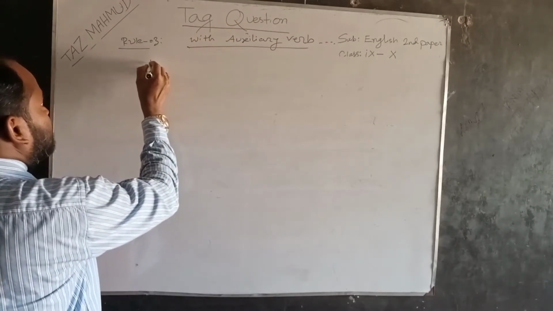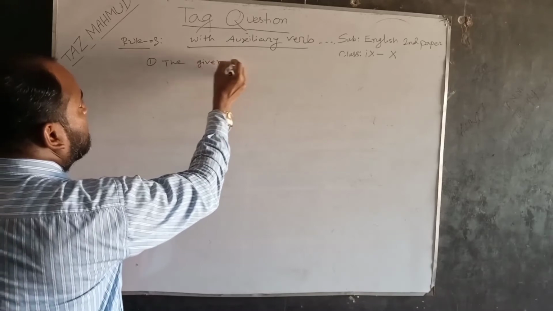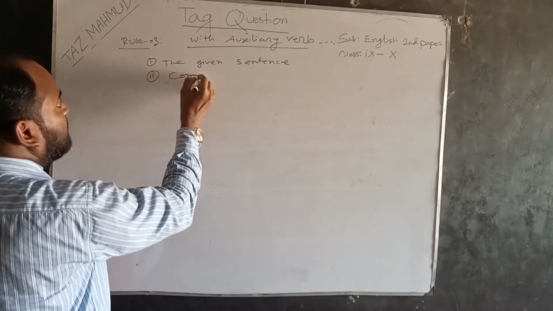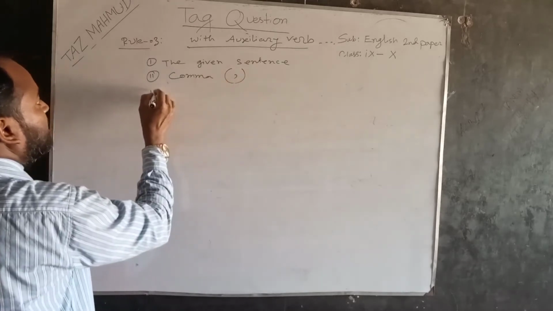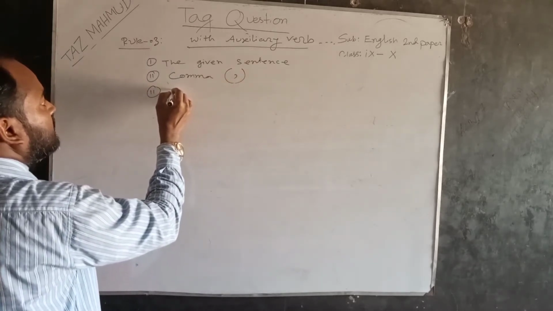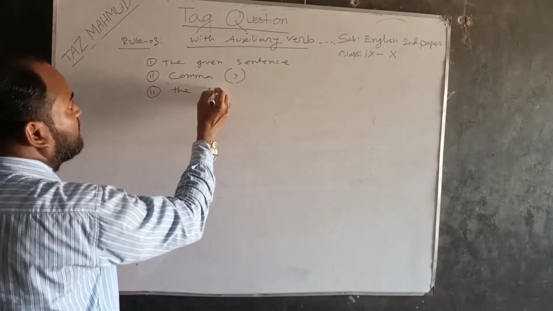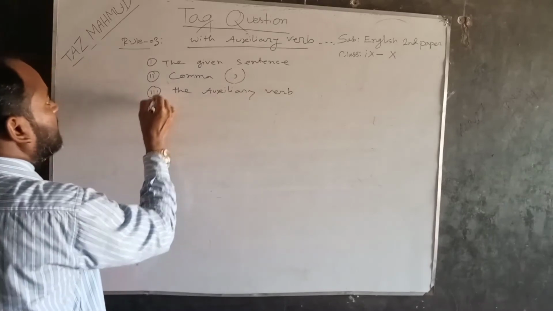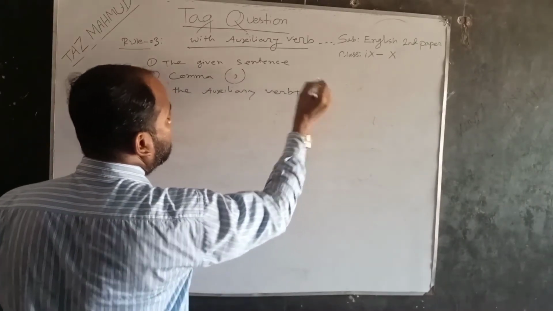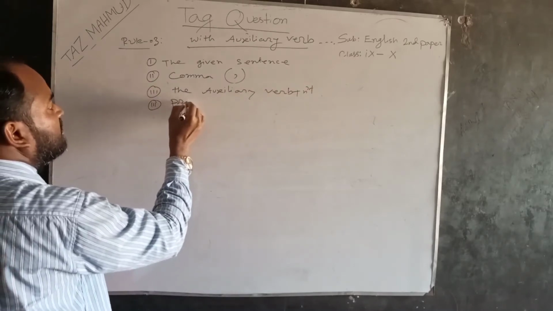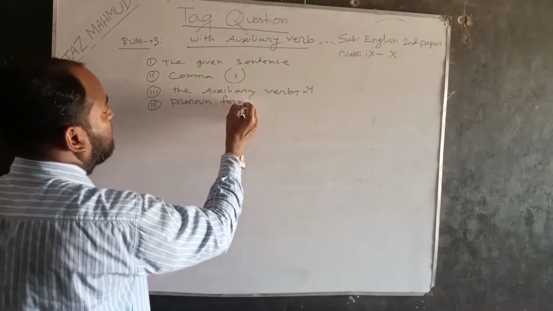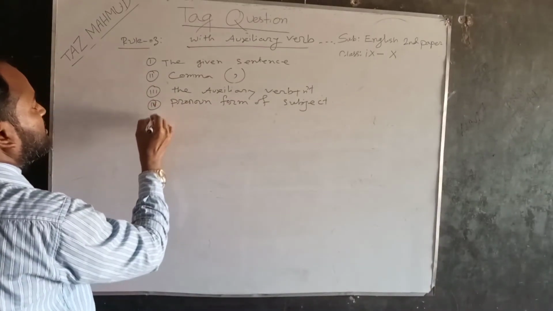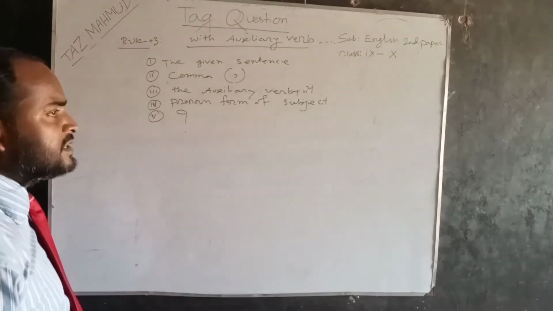Then we have to write first the given sentence, then comma, then the auxiliary verb plus not, and then the pronoun form of the subject, and lastly we have to write the note of interrogation.